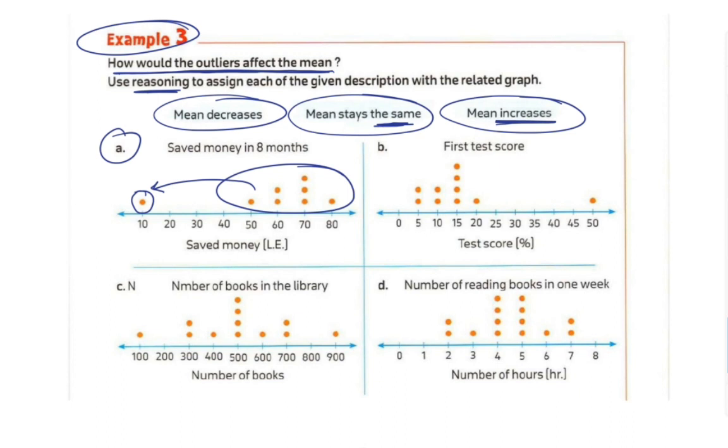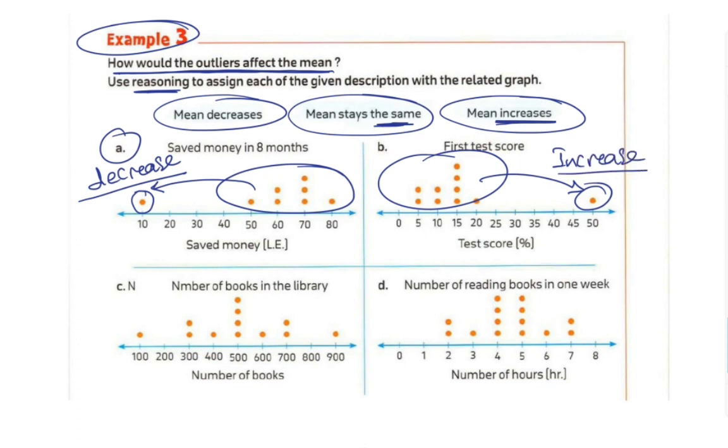Of course, we learned before that if the outlier is to the left of the group of data, it will decrease the mean. But here this outlier is to the right of this group, so the mean will increase.